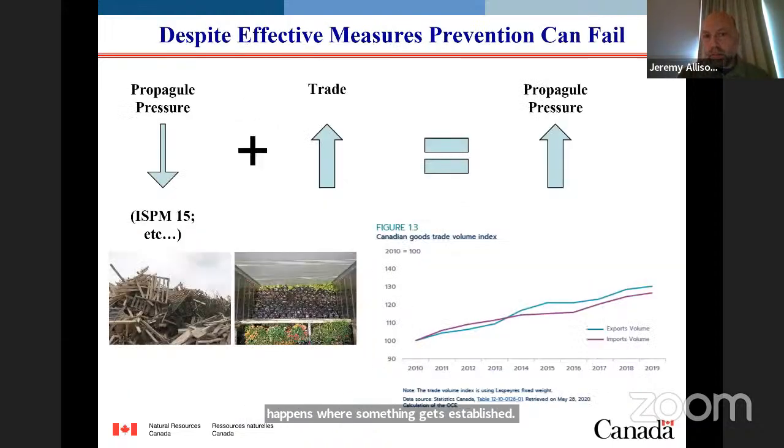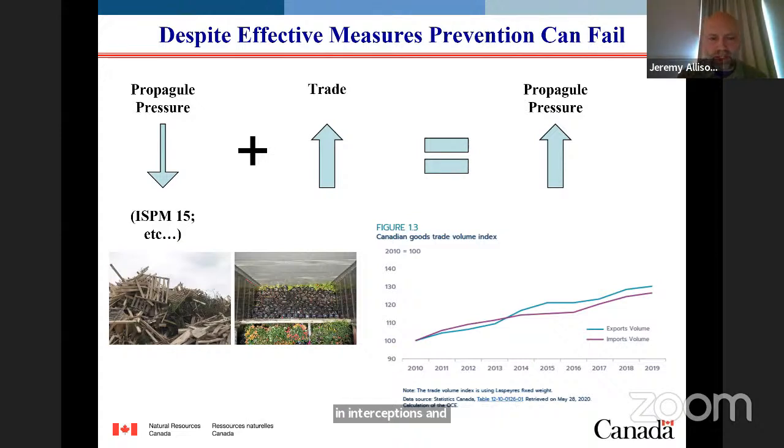The other caution I would point out is that despite the fact that a lot of these measures are very effective at reducing propagule pressure and are designed to prevent the introduction of non-native species, you can still see an increase in interceptions and propagule pressure because trade is increasing.